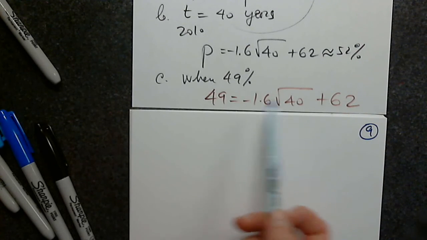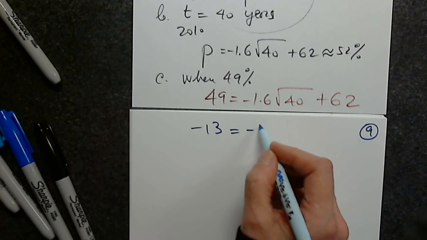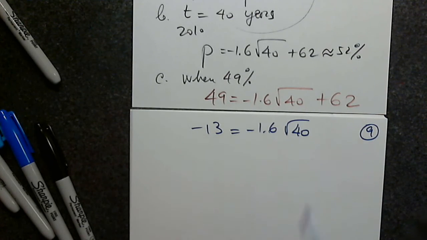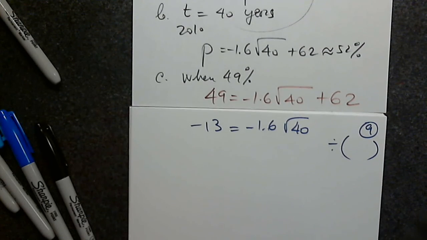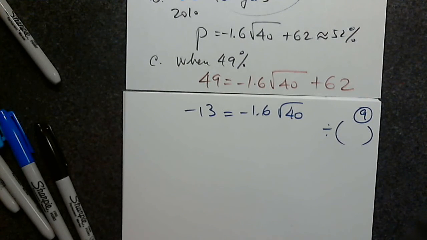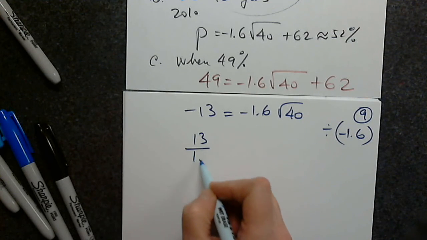So 62 minus 49 is, I think, 13. So this is negative 13 equals negative 1.6 times the square root of 40. Divide by negative 1.6, so I have 13 over 1.6.